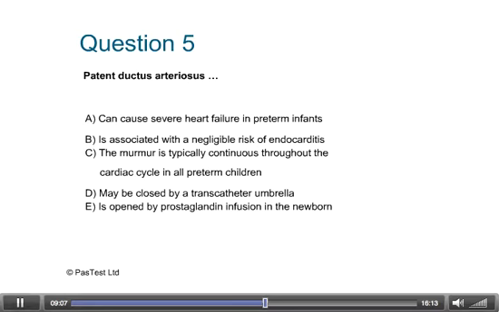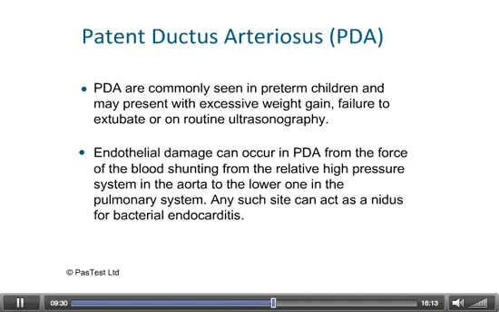Moving on to question 5. Patent ductus arteriosus. As noted before, this is commonly encountered in the exams, and I think we've dealt with many of these aspects before. Just to note that the majority spontaneously close, but for those relatively few who require closure, this can be done by two means.